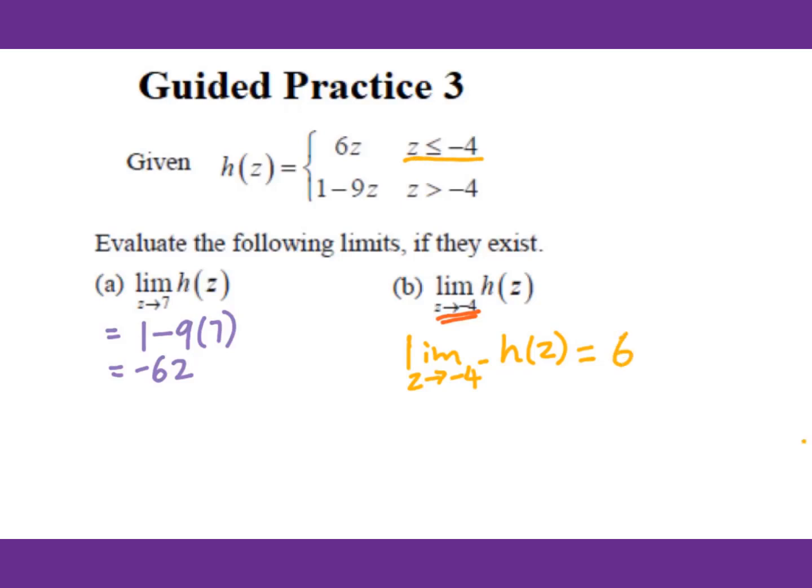Basically, we can just plug in 6 times negative 4 equals negative 24. Limit as z approaches negative 4 from the right side.